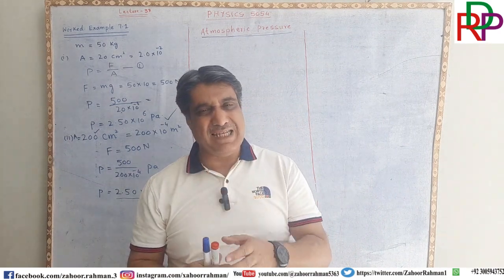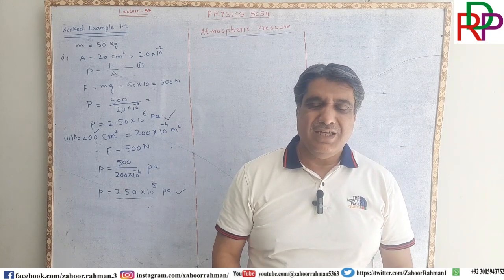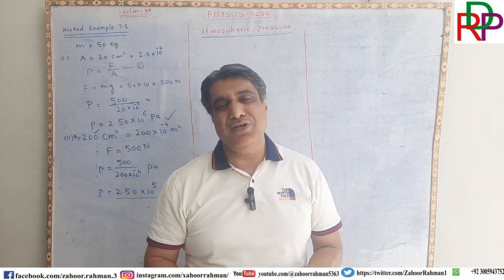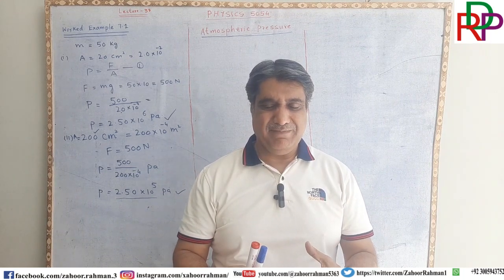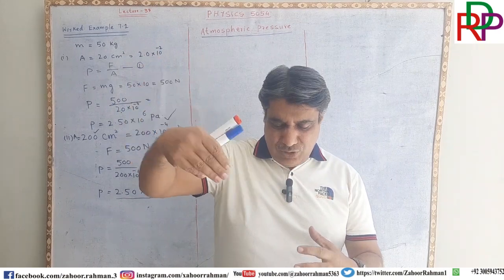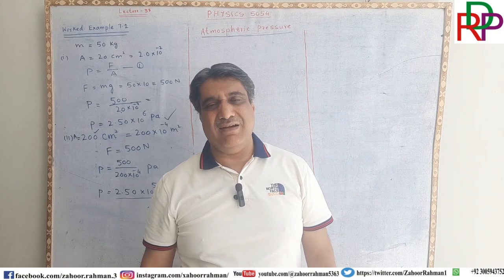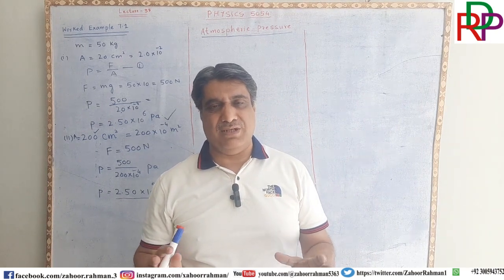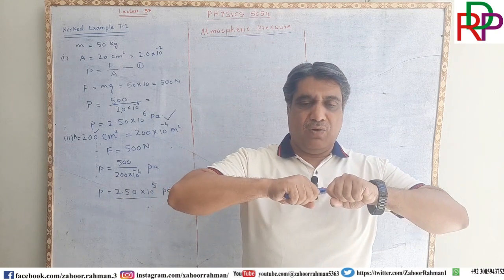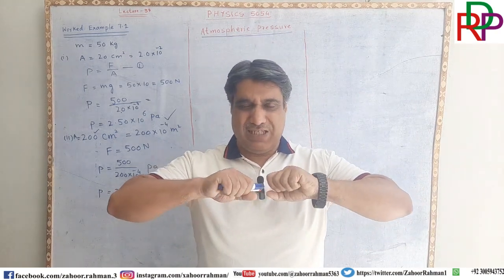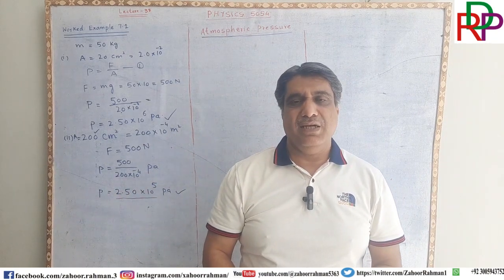Similarly, when we press the two suction pumps together, it produces a partial vacuum inside, and from outside there is a pressure on the rubbers of those suction pumps. So if we try to separate these two from each other, it will be very difficult.